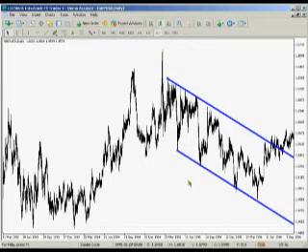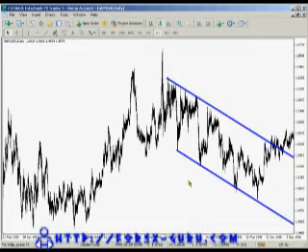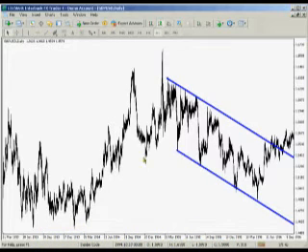Now, what does all this mean? Well, when we're looking at these angled lines, what we're trying to see are areas of likely momentum. Remember, we're not trying to trade, we're not trying to be the first one to trade.